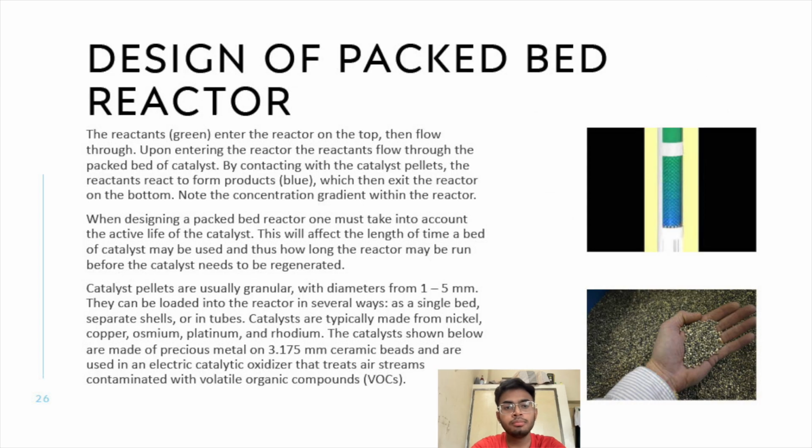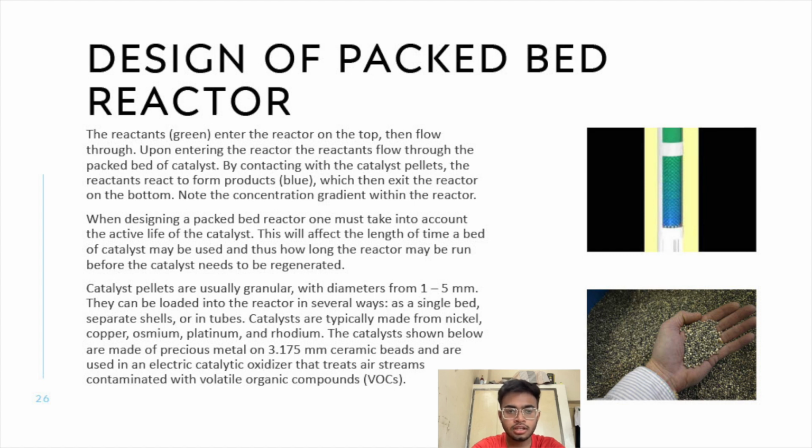Now, how is a packed bed reactor designed? We must understand that, and therefore let us proceed further. In this animation we can see that the reactants, the green ones, enter the reactor on the top and then flow through.